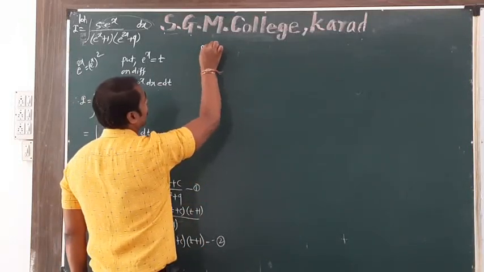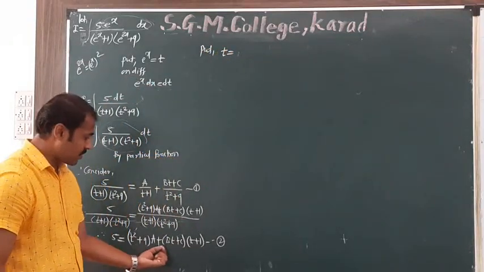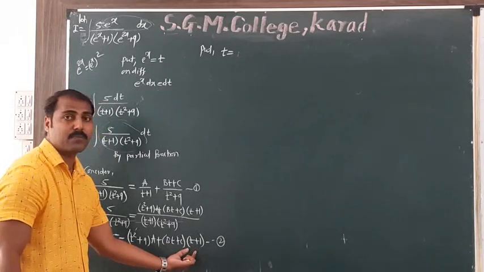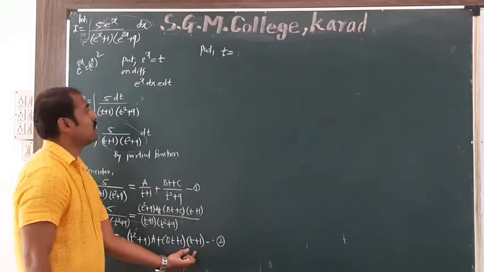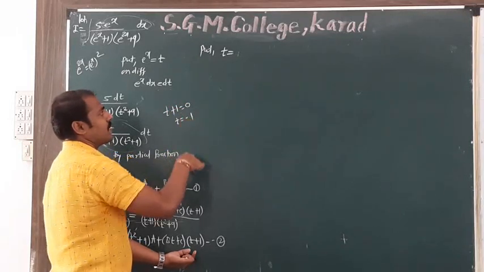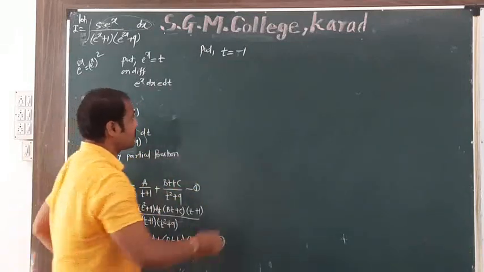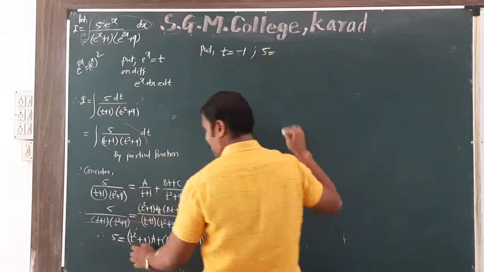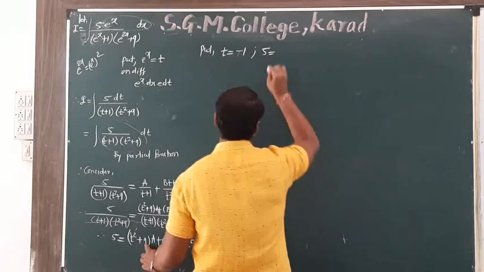First, for finding the value of a, look at the coefficient of the term bt plus c, which is t plus 1. Making that t plus 1 as 0, t plus 1 is equal to 0 means that t is equal to minus 1. So put t is equal to minus 1 in equation number second: 5 is equal to 10 into a, since 1 square is 1, 1 plus 9 is 10.